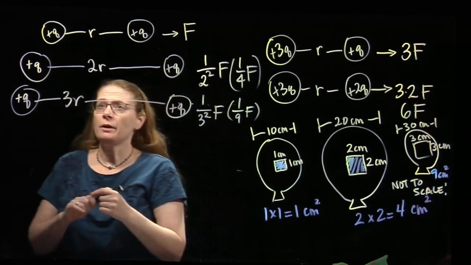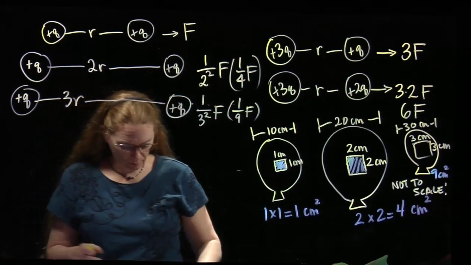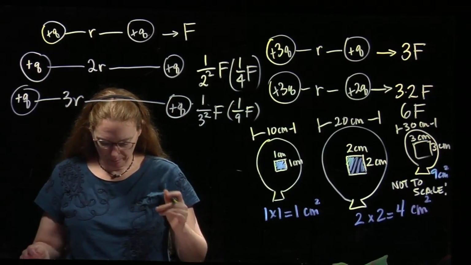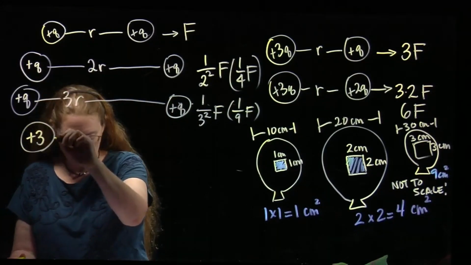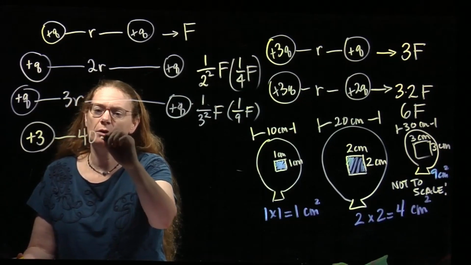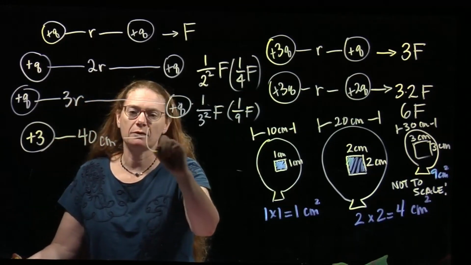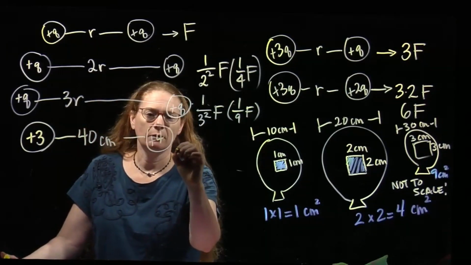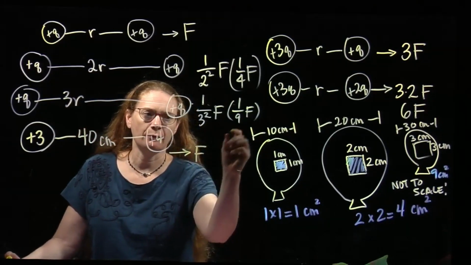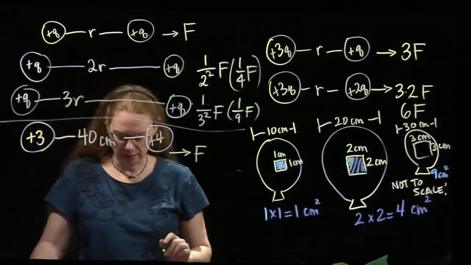And so we can go the other way too. Let's say we have a plus 3 charge, and it is 40 centimeters away from a plus 4 charge. And I'm going to say this gives me a force of F. New thing.